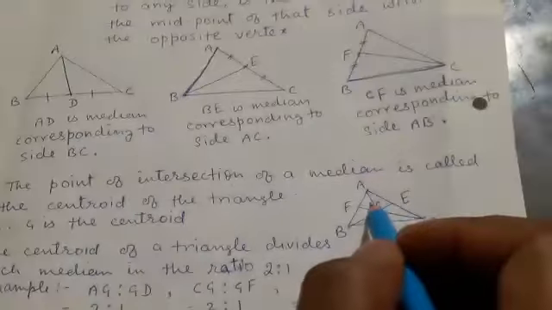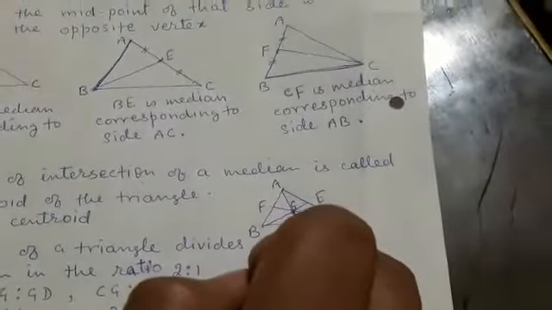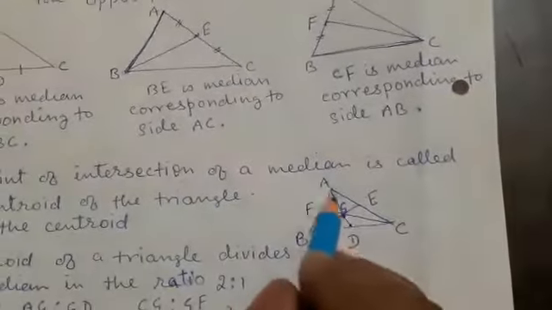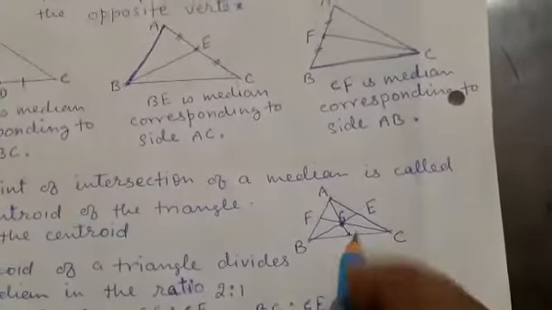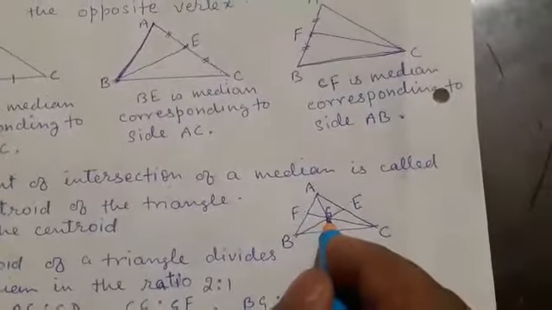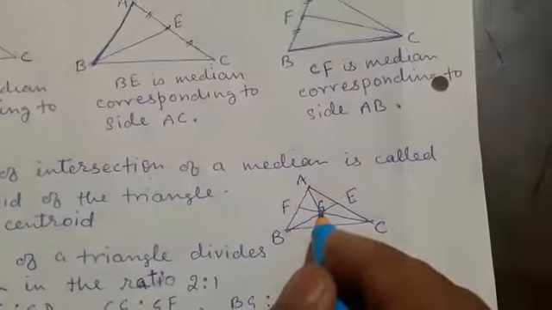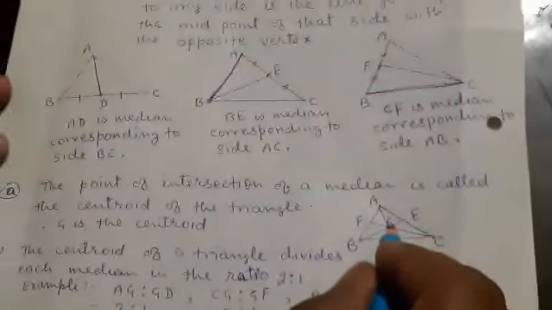In this triangle, AG to GD is 2 to 1. Similarly, BG to GE, so BG will be 2 and GE will be 1. CG to FG, so CG will be 2 and FG will be 1.